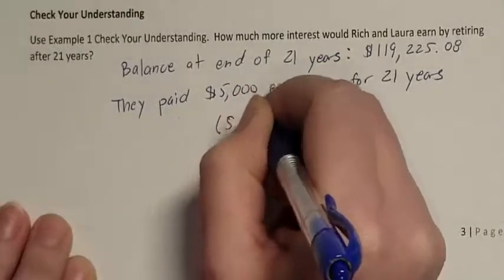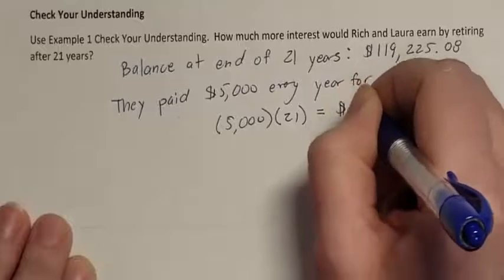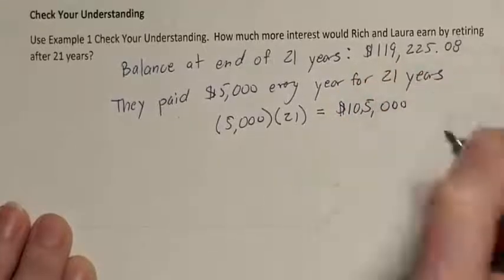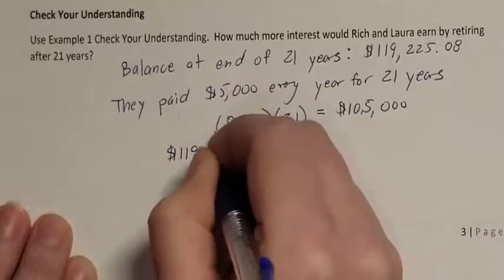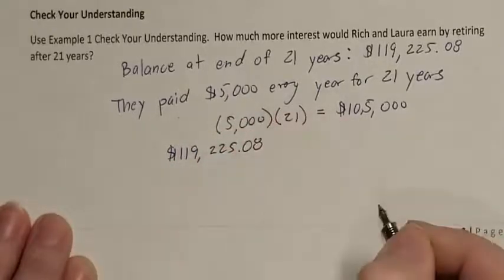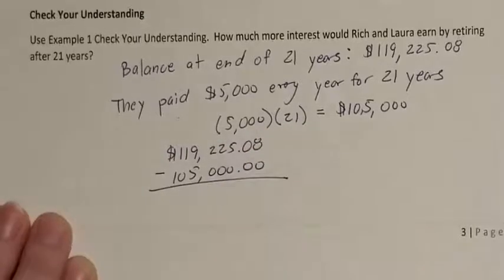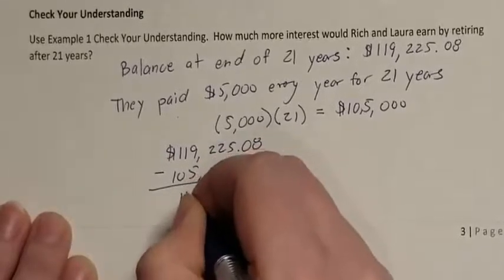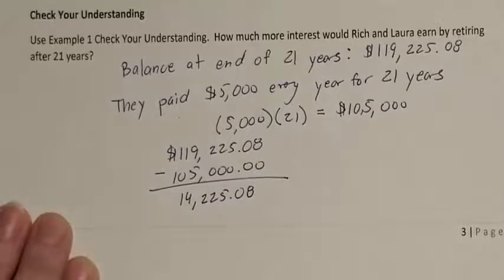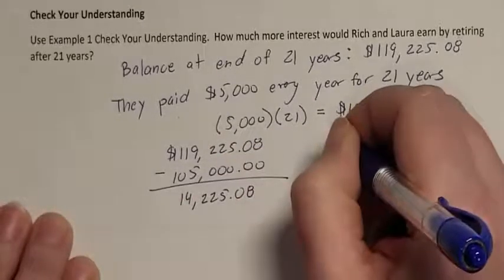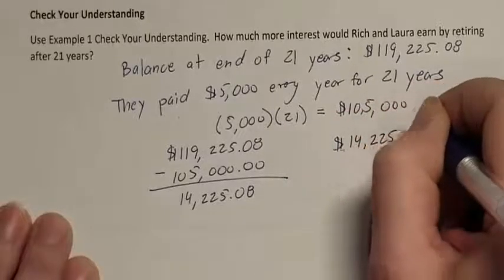They put in $5,000 times 21, which is $105,000 of their very own. So if they had this amount of money currently in their account, and we know that $105,000 of it is the own money that they put in, we know that $14,225.08 is what they earned in interest. So we know $14,225.08 was earned on interest.